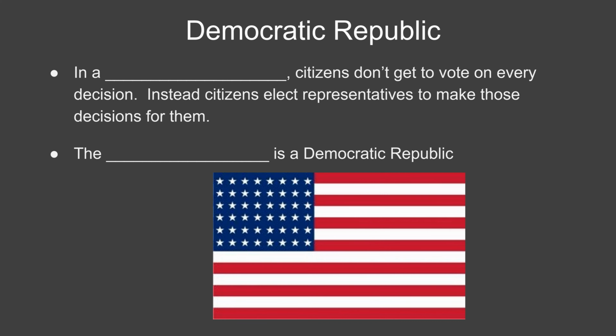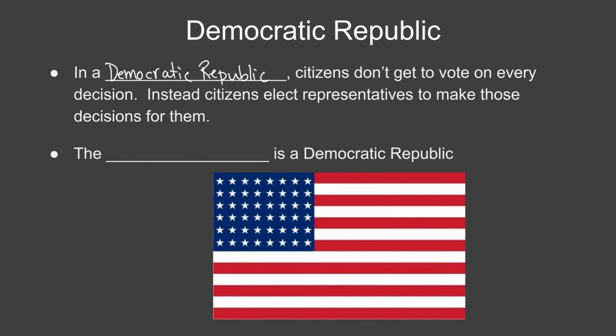The most common type of democracy is a democratic republic. And in a democratic republic, citizens don't get to vote on every decision that's made.